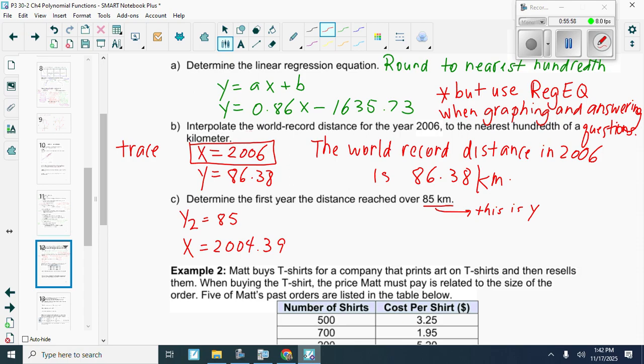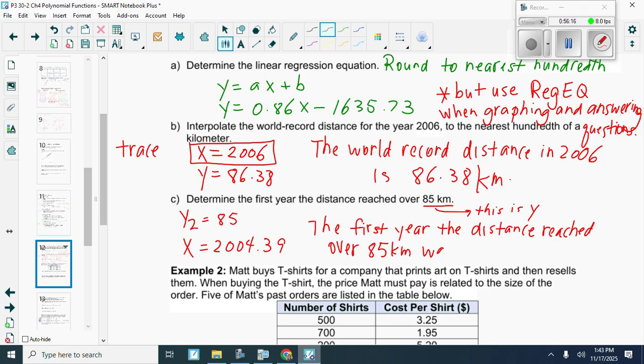So we would say the first year the distance reached over 85 kilometers is 2004. Maybe make a little note in the side: second trace, intersection.